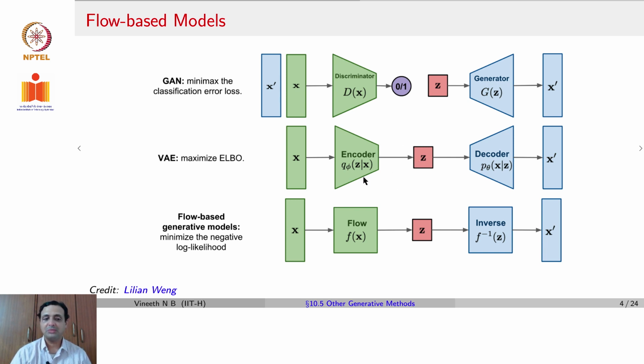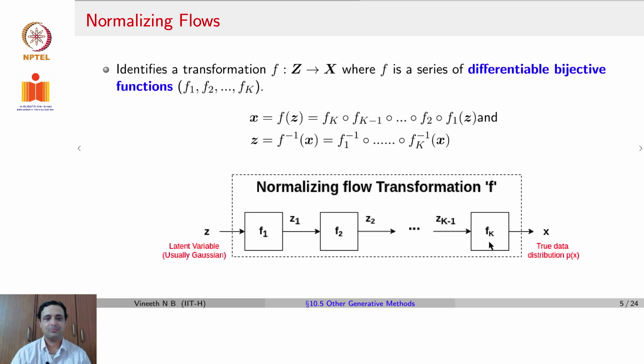The main difference between VAE and flow-based models is that in VAE, the encoder captures an approximate posterior with a different parameterization and the decoder captures p theta itself. So we know that q phi is an approximation of the true posterior p theta of z given x, whereas in flow-based models the functions are an exact inverse.